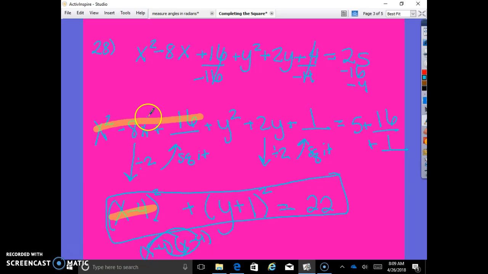I came up with a number here to make this a perfect square. I'm making these perfect square trinomials where I can actually substitute this in. So I'm creating the equation for the circle by completing this square.